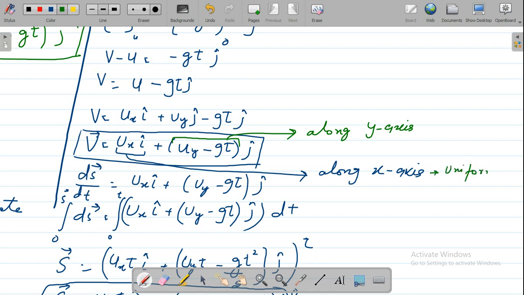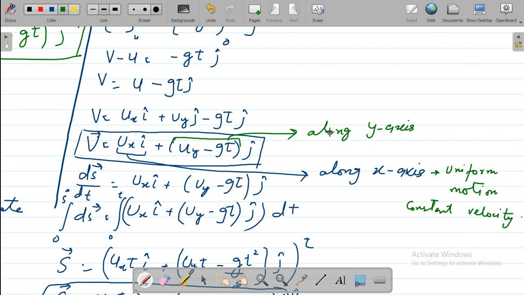The body is moving with uniform motion, that means with zero acceleration, and we know that ax is 0, acceleration along x-axis, that means the body is moving with constant velocity. But along y-axis the body is moving with acceleration that's equal to minus g. That's why the velocity after time t is equal to uy minus gt. So this is uniformly accelerated motion.